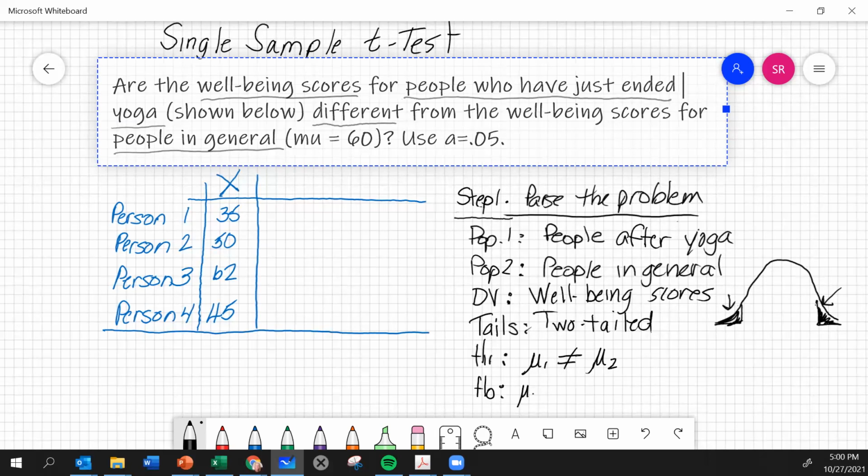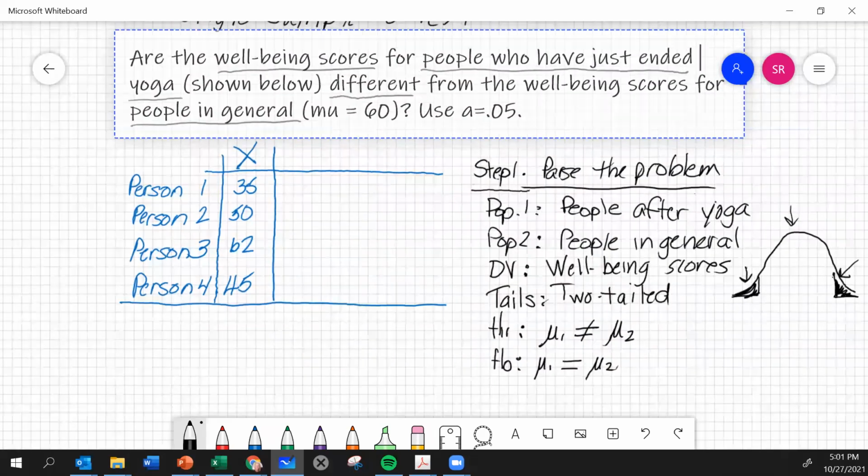The mean for population 1 will be equal to the mean for population 2. And if we can't reject the null hypothesis, that would just mean that our mean falls anywhere in this white area of our distribution. Now that we have the problem parsed, let's continue and solve it.